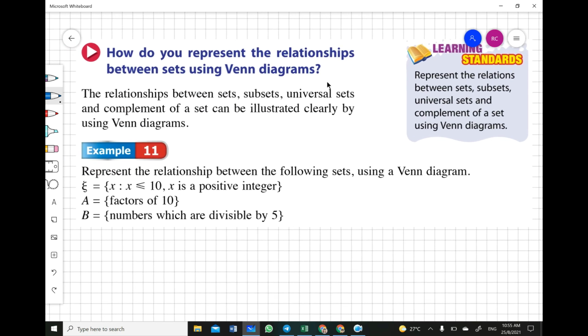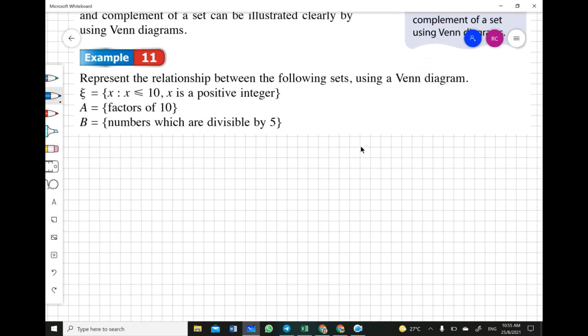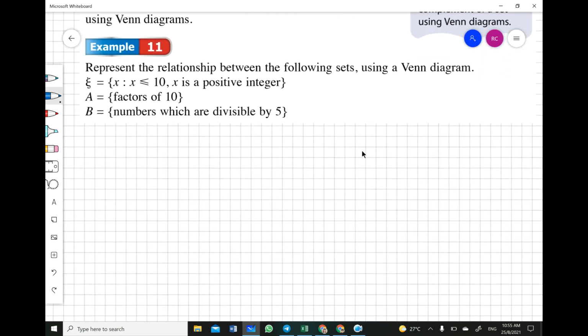How do you represent the relationship between sets using a Venn diagram? The relationship can be illustrated clearly by using the Venn diagram. Let me show you how to do that. Look at this example. We represent the relationship between the following sets using a Venn diagram. You were given the universal set. So what do you do when you are asked to show using a Venn diagram?